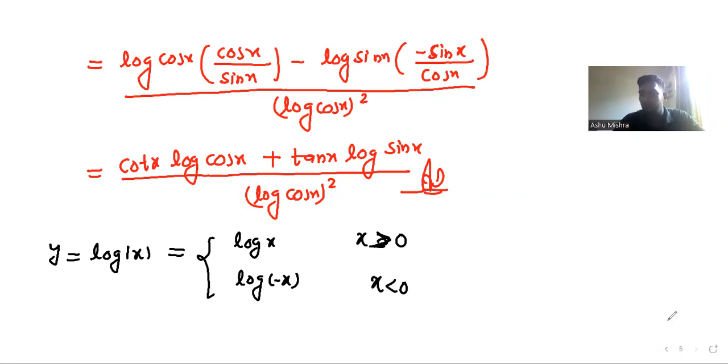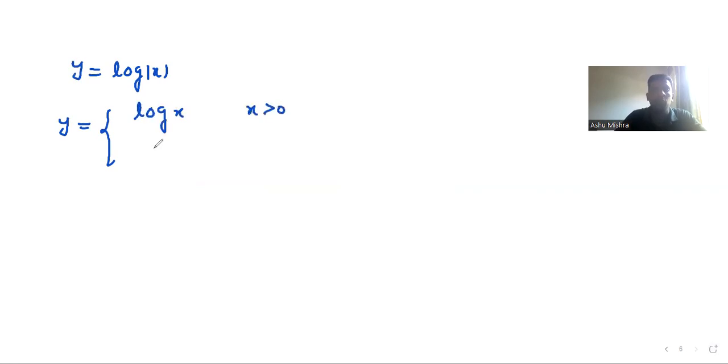That means when you're differentiating both sides, according to the chain rule, you get y is equal to log x when x is more than 0, log of minus x when x is less than 0.